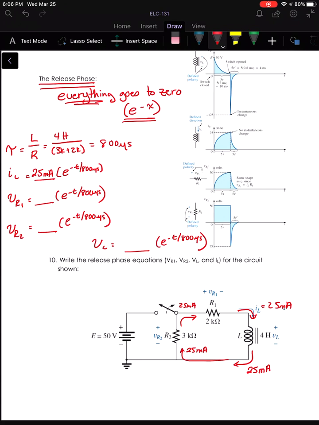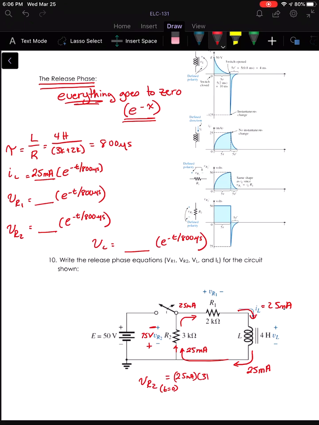And that's going to determine my voltage drops, right? Because if I have 25 milliamps through 3K ohms of resistance, that means I'm going to have 75 volts drop across that R2. So VR2, and this is at t equals 0, right when I open that switch.